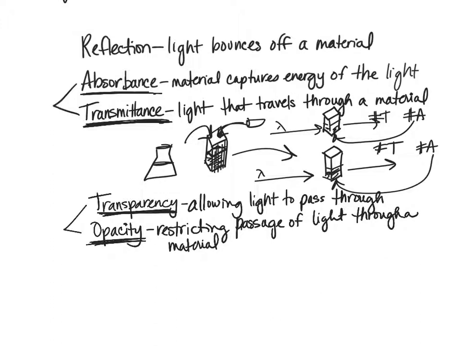But then the amount of light that is absorbed by that book or that wall is some number. So the object itself is described in terms of opacity and transparency, and then how much light gets through is quantified in terms of absorbance and transmittance.